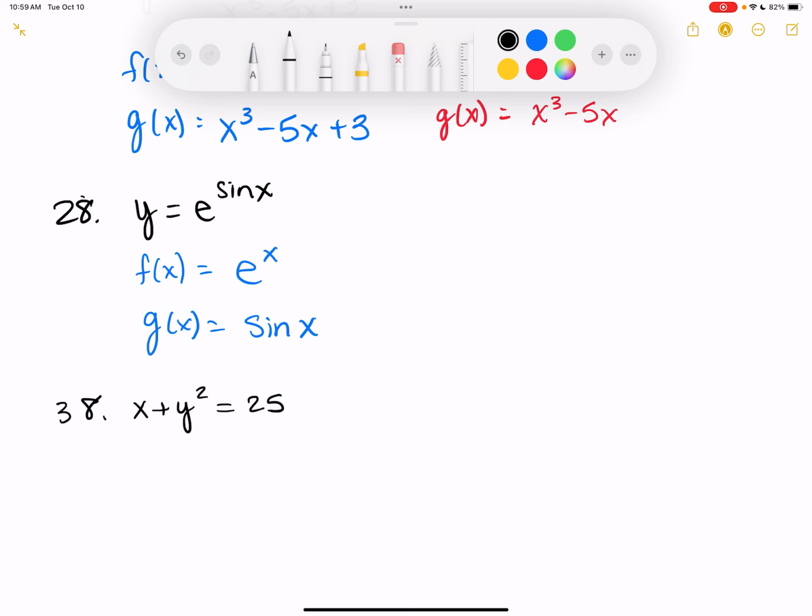Basically, all this means is get y by itself. So subtract x. So y squared is equal to 25 minus x. Then I would take the square root. Now remember, taking the square root gives me 2 answers, so I would have plus or minus the square root of 25 minus x.